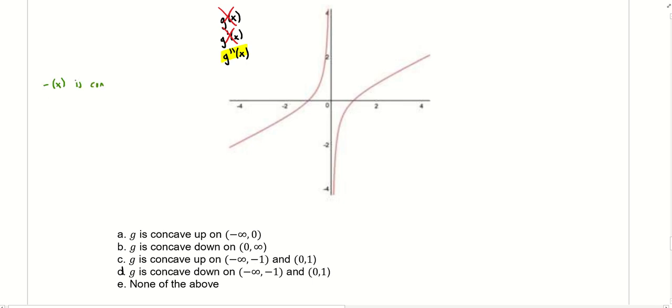Sorry, this is g of x in this example. Where our second derivative, g prime prime of x, is positive, and g of x is concave down where the second derivative, g prime prime of x, is less than 0.